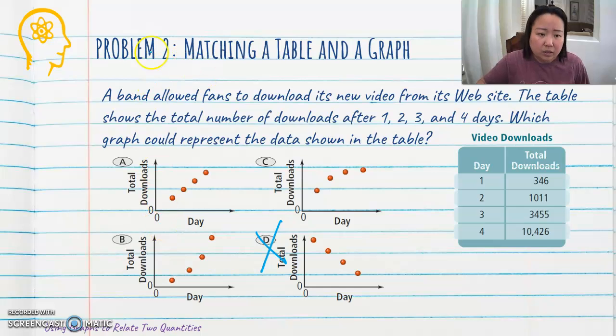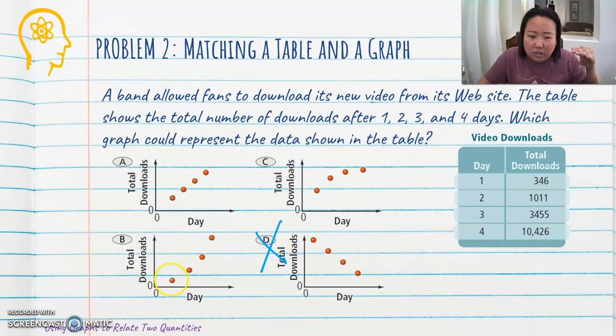If you take a look at letter A, there is a steady increase, like a specific amount is being added to the values. Letter B, on the other hand, is also increasing, but the increase is not consistent. It becomes steeper.